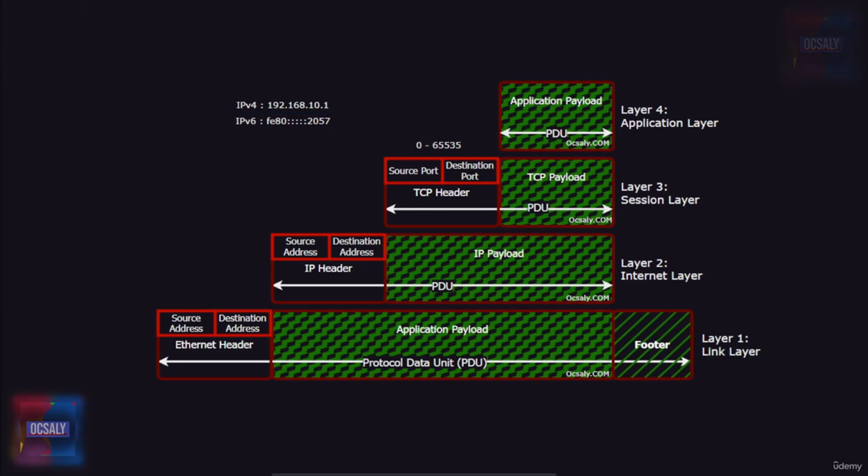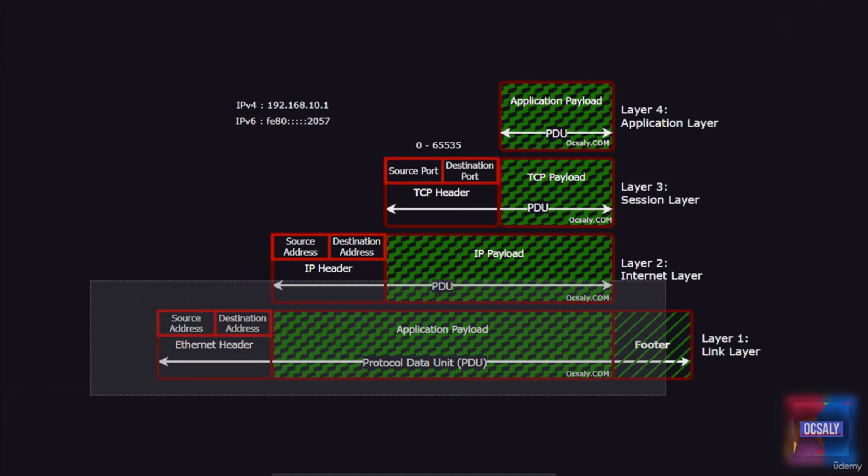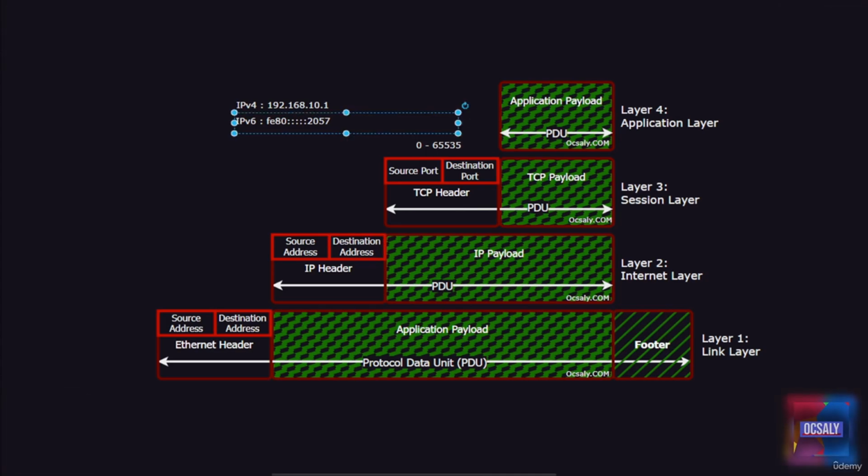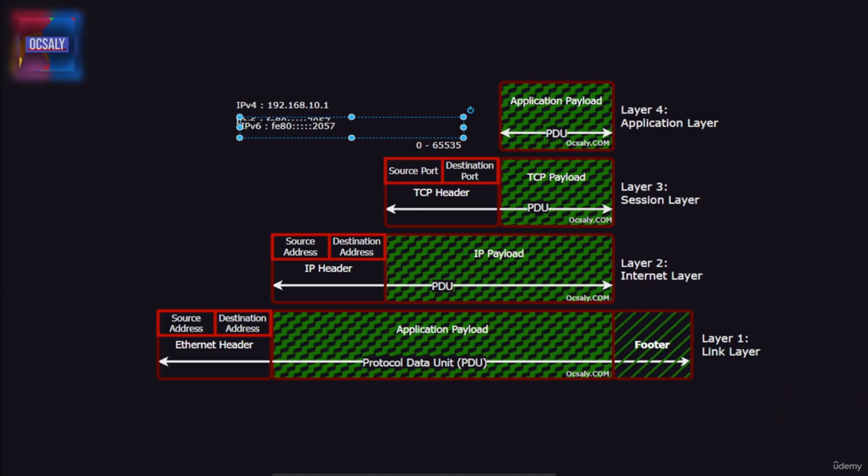Ethernet also contains source and destination addresses. Ethernet uses a 48-bit value called a media access control address, which is typically set during manufacture of the Ethernet adapter. You will usually see MAC addresses written as a series of hexadecimal numbers separated by dashes or colons.